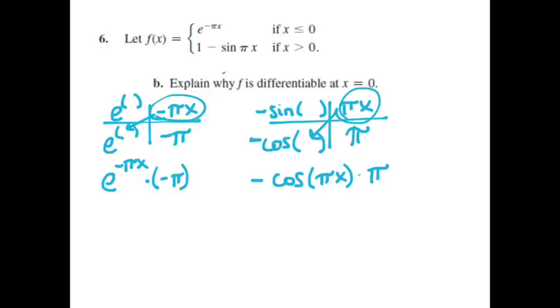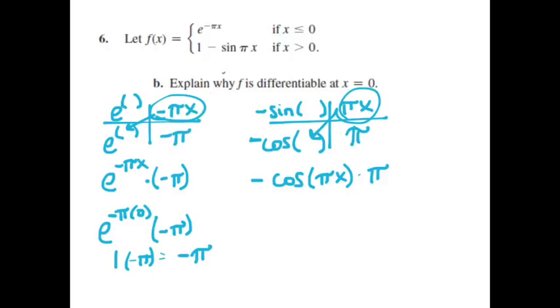So those are my two derivatives, and if I plug in 0 to my first piece here, e to the negative pi times 0 times negative pi, the first part is just e to the 0, which is 1, times negative pi, which equals negative pi.